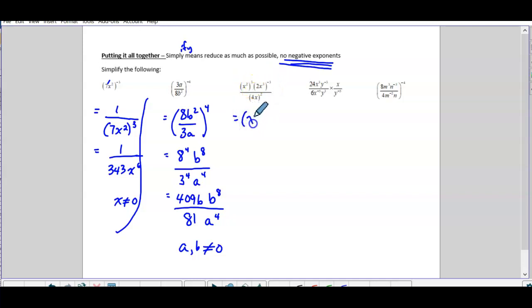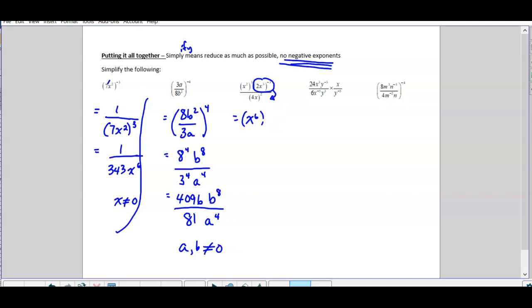So the first will be x to the 6. The second, now here, notice how it's 2x cubed all to the negative 3. So you could raise 2 to the negative 3 and x cubed to the negative 3, or you could take that whole bracket and to make it a positive exponent, put it in the denominator. So that's what I'm going to do.